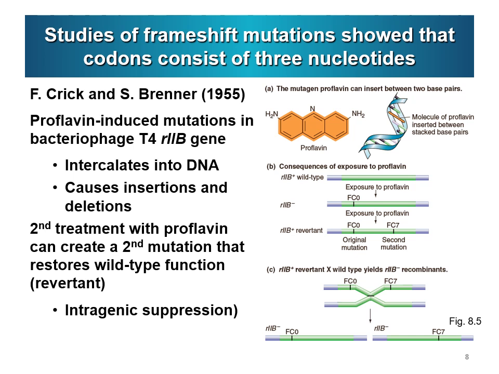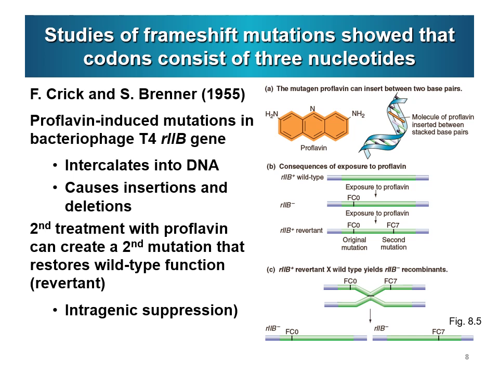For the experiment, they used bacteriophage T4, and they used proflavin, which is an intercalating molecule, which means it's a molecule that can be inserted in a DNA strand. By doing so, it intercalates into DNA, and it can also cause insertions and deletions.